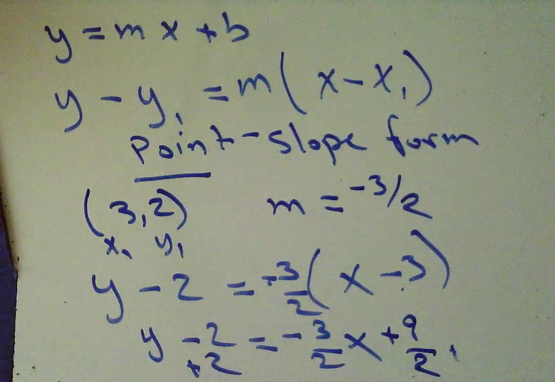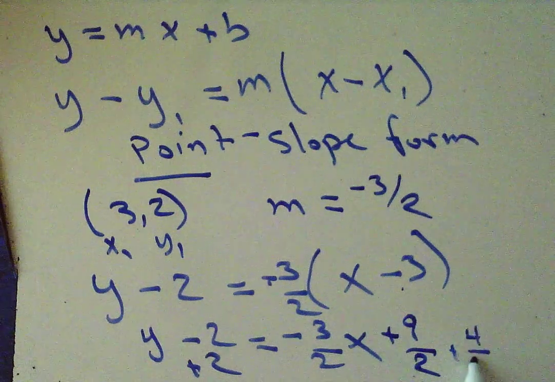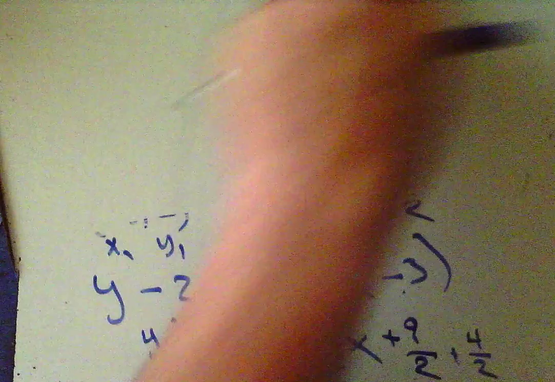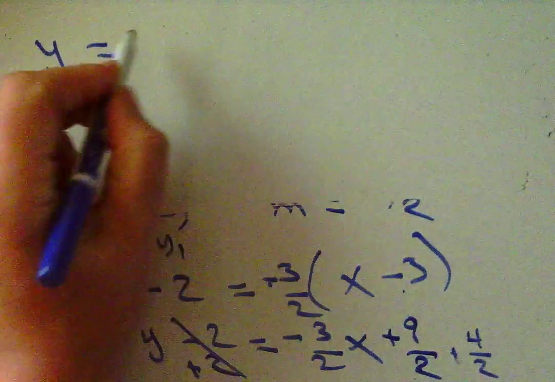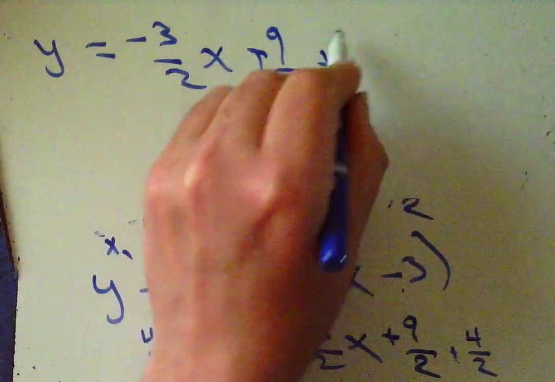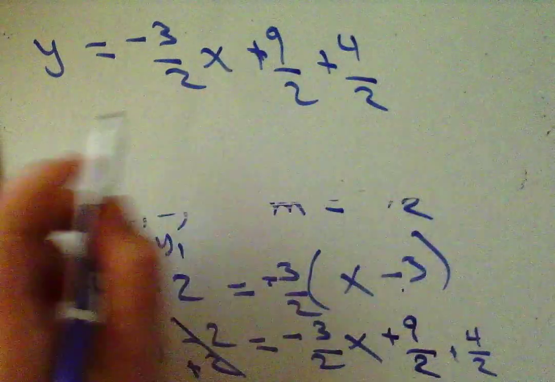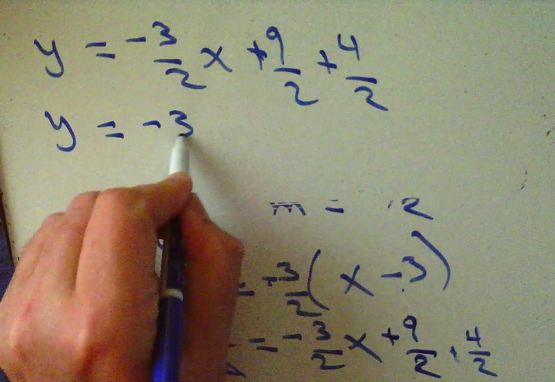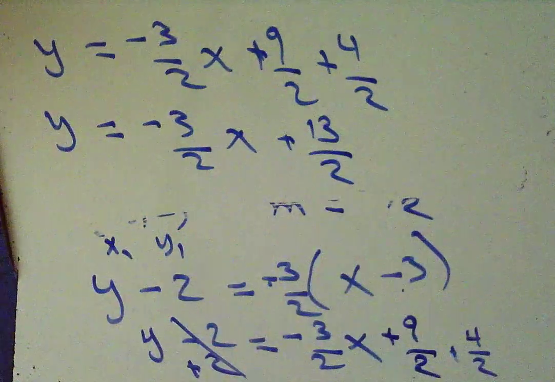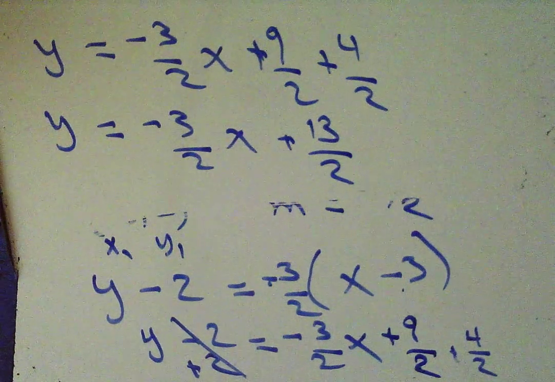We found out that that was the same as adding 4 halves. And so lo and behold, here we are with y equals negative 3 halves x plus 9 halves plus 4 halves, or y equals negative 3 halves x plus 13 halves, just like we did with slope-intercept form.